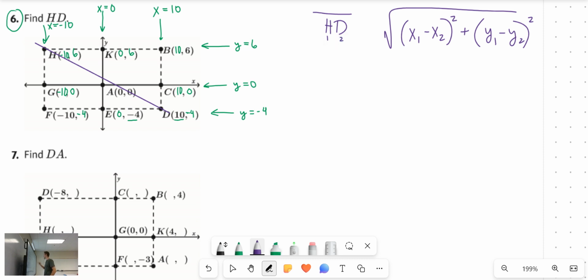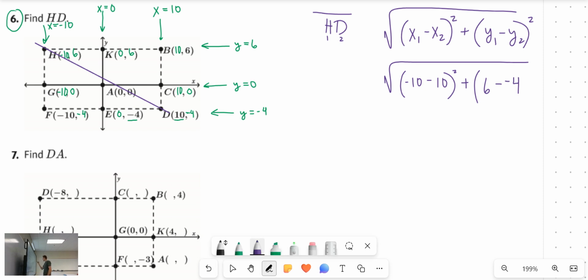So we're going to say H is 1 and D is 2. Everywhere we see x1, that's the x value for H, which is -10. So -10 minus x2, which is 10, squared, plus y1 minus y2: we use the H value, which is 6, minus -4.